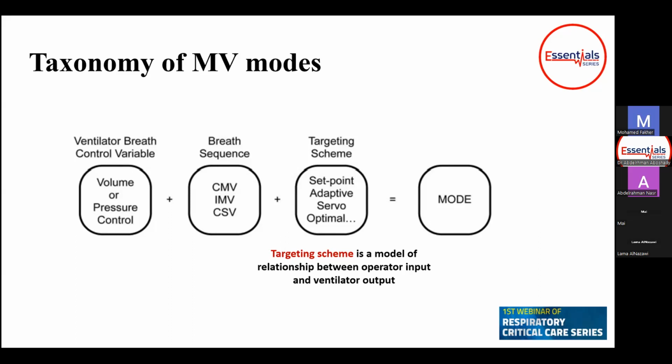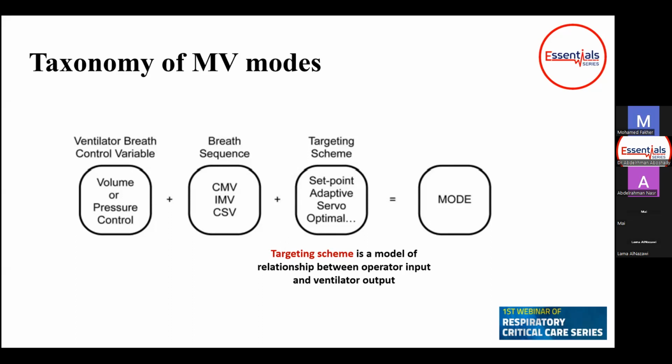So this is what the NAVA and the PAV do. When the patient makes a little effort in the PAV, the ventilator maximizes its effort. In the NAVA, when the patient intends to make a little effort, the ventilator maximizes its intention, and so on. So we have 7 targeting schemes that we use in a ventilator mode.